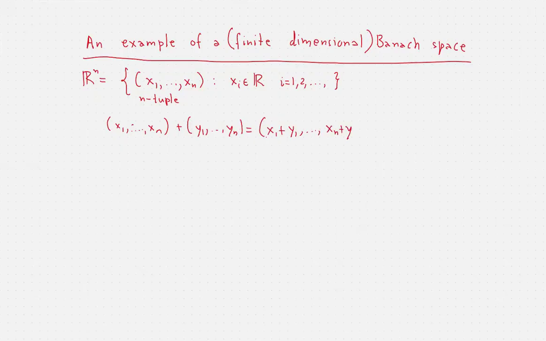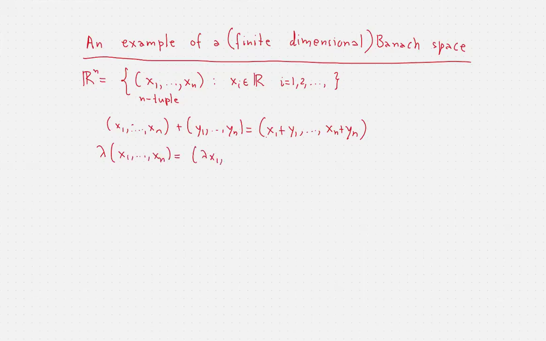And the scalar multiplication, so suppose that lambda is a real number and we want to scale the vector x1 up to xn by lambda. This will be lambda times x1, comma, lambda times xn.